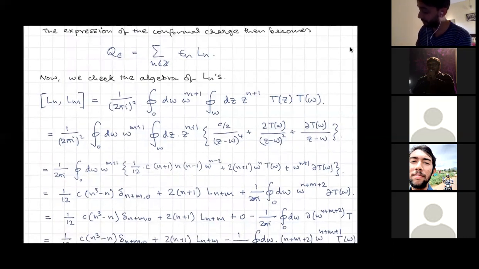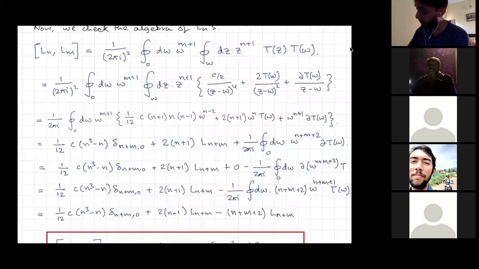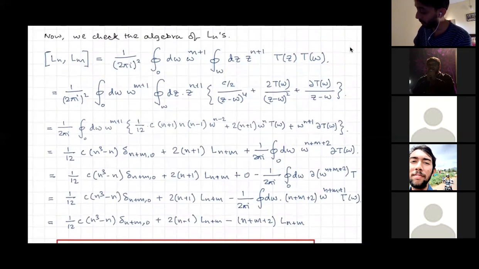And there is a third term, which is the integral over omega to the n plus m plus 2 and del of T. What you have to do here is transform this.